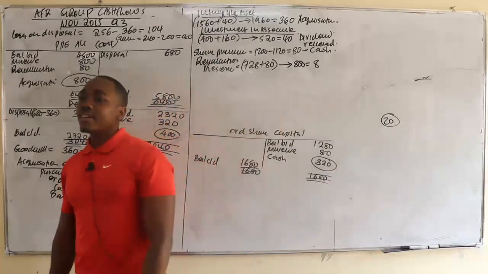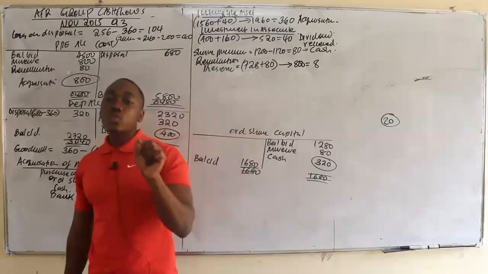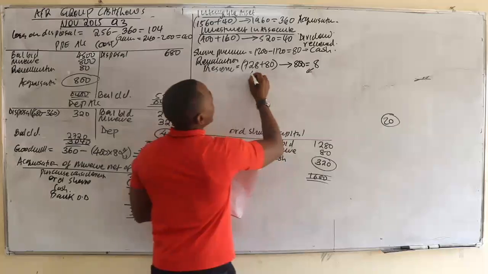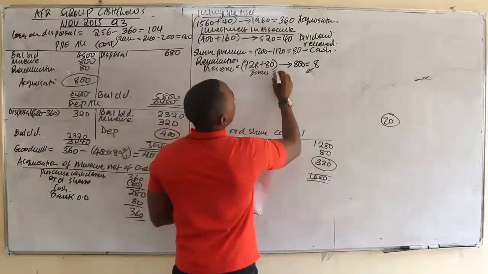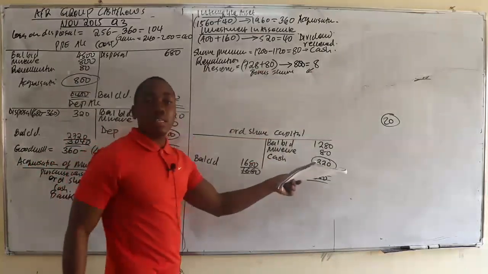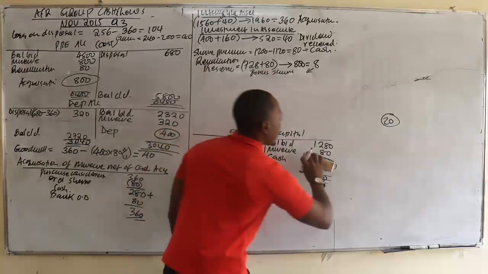That means of the shares we issued, this 320, some of them we issued at a bonus. That's the bonus shares. So that means we never received 320. We received less than that because 8 was through issue of bonus.